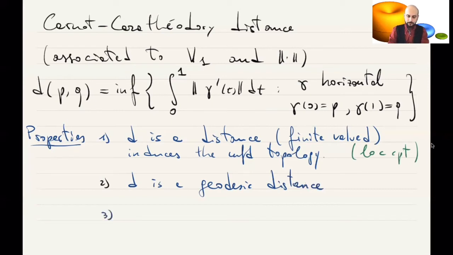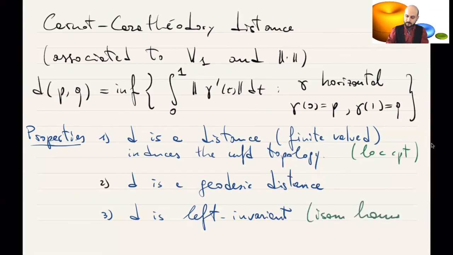Three, D is left invariant. So we have an isometrically homogeneous space. So here we have a geodesic space.